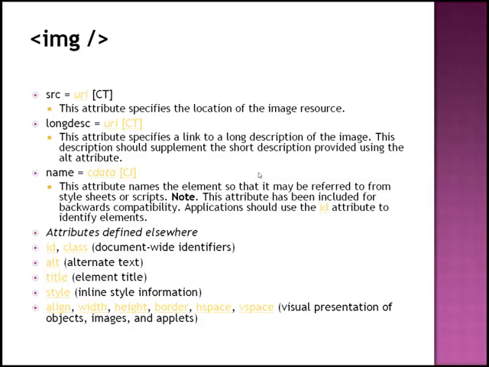You can also add a class attribute to this element, and that would allow you to use style sheets on it. You can add a title to the element using the title attribute, or you could align your element, specify the width of the element, the height of the element, its borders and horizontal and vertical spaces around your element by referring to these attributes respectively to modify and format the visual presentation of your images.